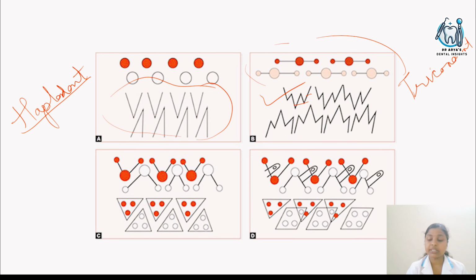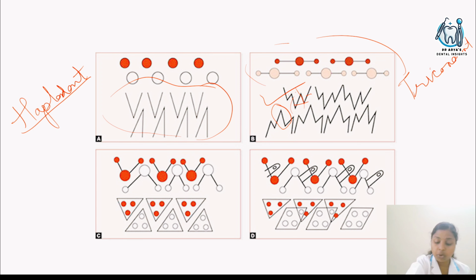In posterior teeth, the largest cusp is centered, with a smaller cusp located anteriorly and another posteriorly. So here is the largest cusp, which is centered, and the anterior and posterior cusps are there. Purely triconal dentitions are not seen, although certain breeds of dogs and other carnivores have teeth reflecting the triconal form.